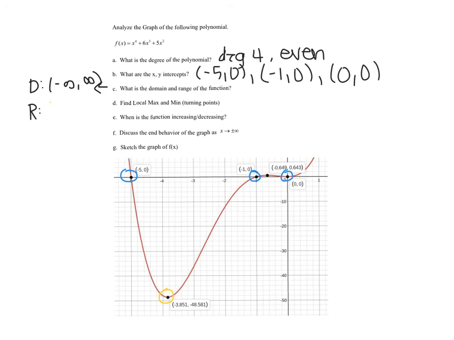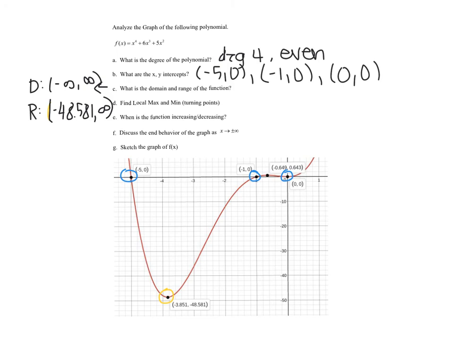So that's going to be the smallest value in my range. But there's no max value I can get, so it's going to go until infinity. So smallest value, -48.581, largest value, no idea, since both ends go off towards the positive direction.